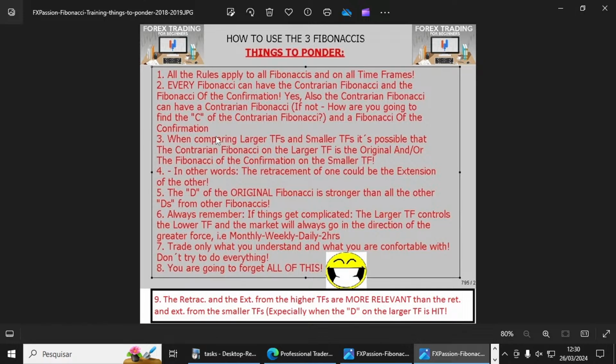Number 3, when comparing larger time frames and smaller time frames, it's possible that the contrarian Fibonacci on the larger time frame is the original Fibonacci on the smaller time frame.